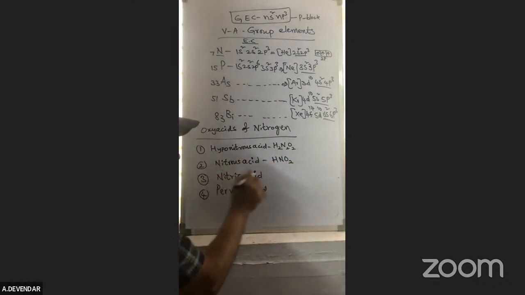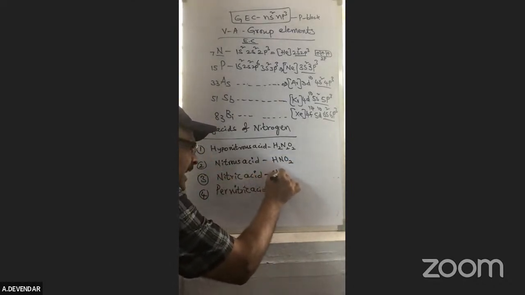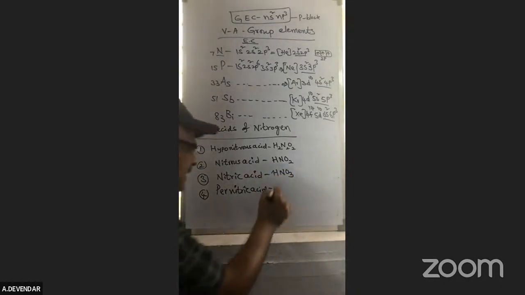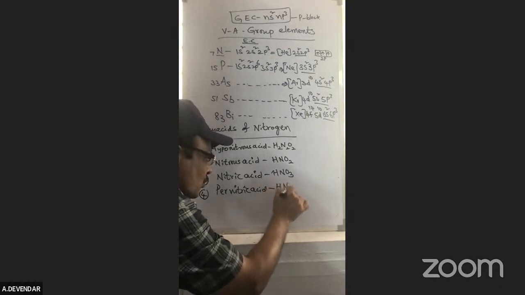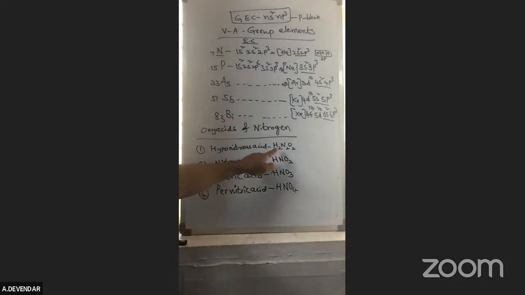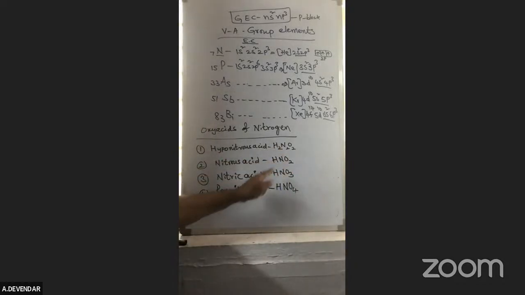Already you are familiar with nitric acid. What is the nitric acid formula? HNO3. What is pernitric acid? It is HNO4. See, it is easy to remember the oxyacids of nitrogen. This is the 5 marks question: HNO, HNO2, HNO3, HNO4.